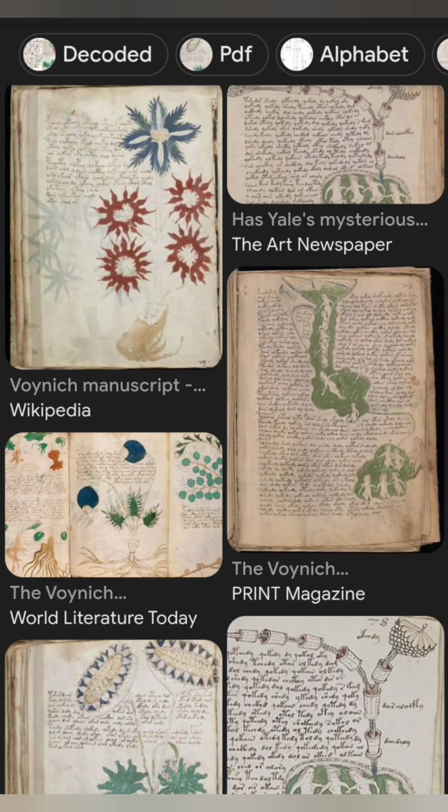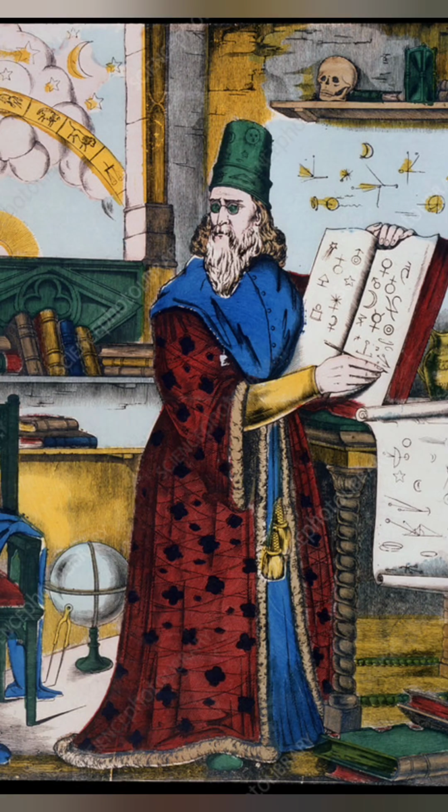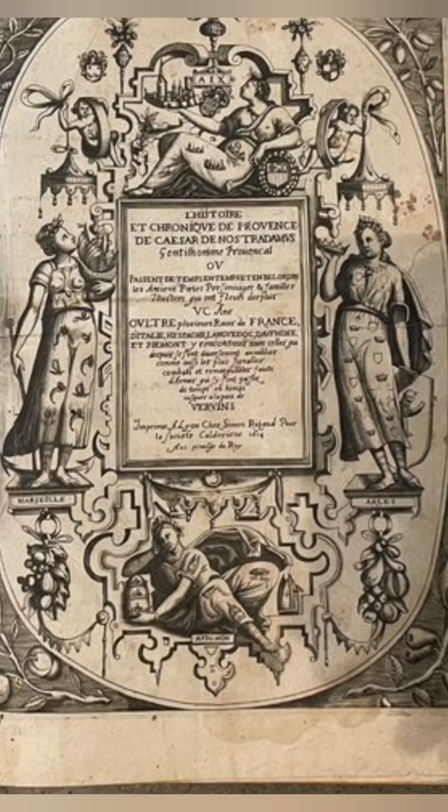Regarding dates, the Voynich parchment is carbon dated to the early 1400s. That doesn't rule out Michel, who lived in the 1500s. Old parchment stockpiles were common.